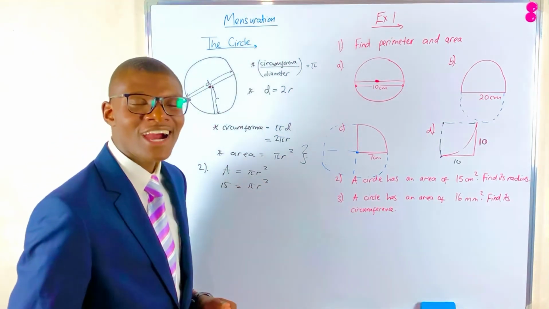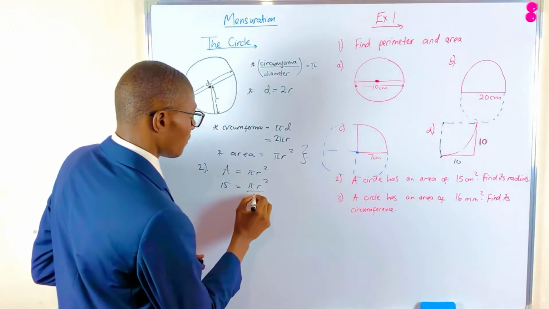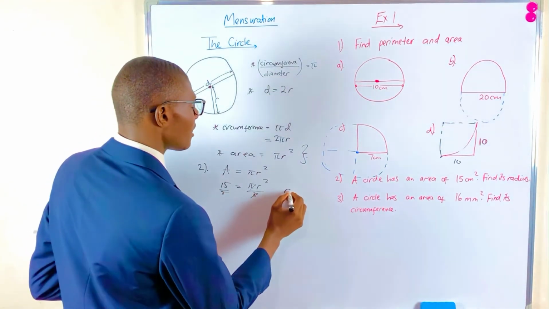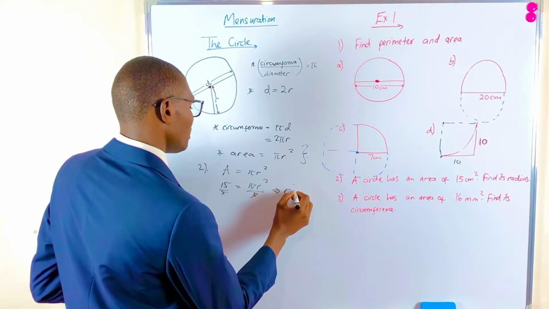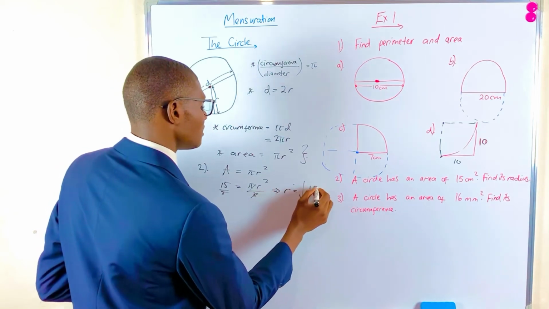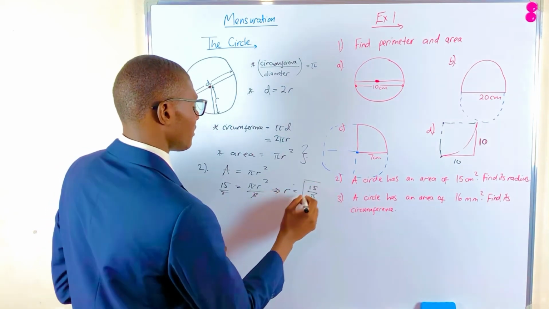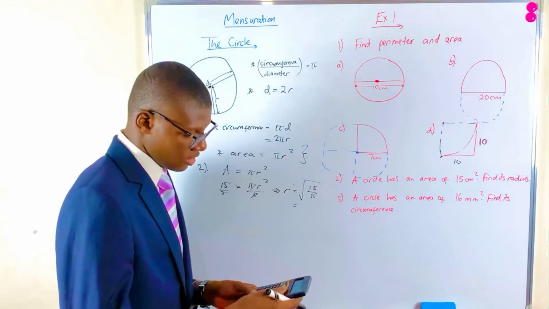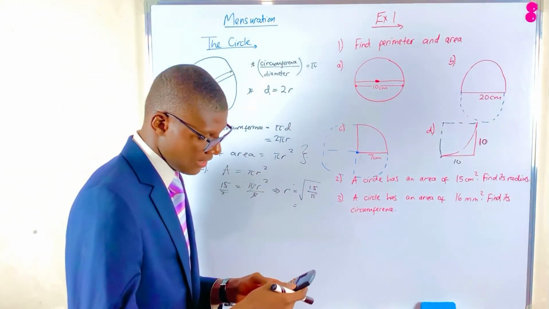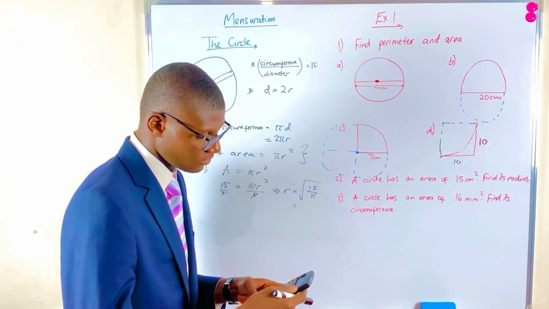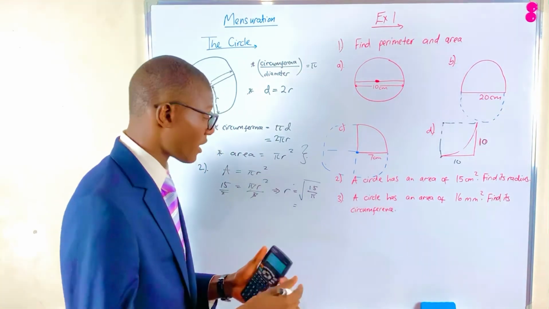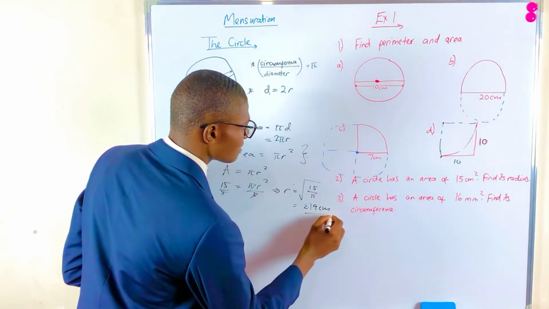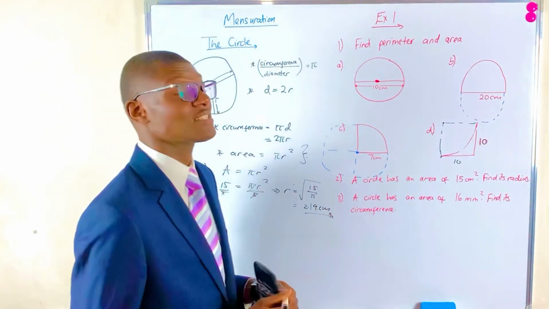And then making r the subject of the formula, we are dividing both sides by pi, such that r would be equal to the square root of 15 over pi, then the square root of that will be equal to 2.19. So 2.19 centimeters would be the radius of the circle.